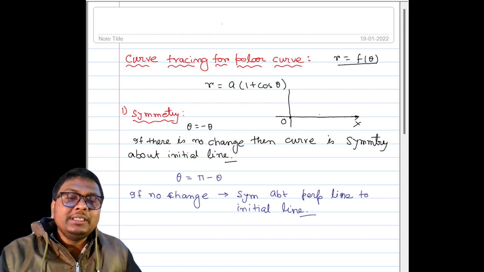That means in place of theta we put pi minus theta, and if there is no change, then it is symmetric about this line, which is perpendicular to my initial line.